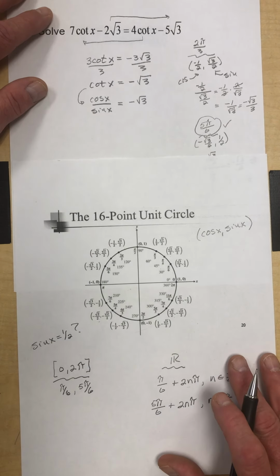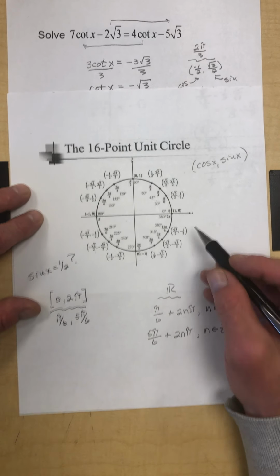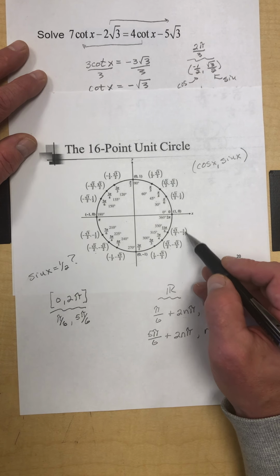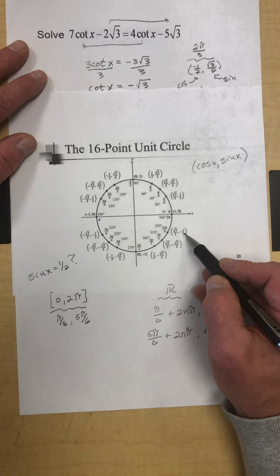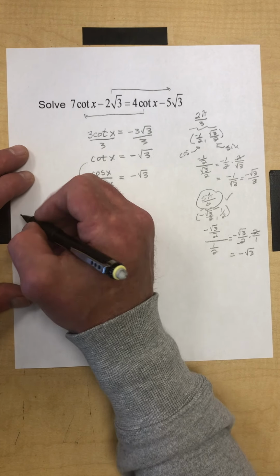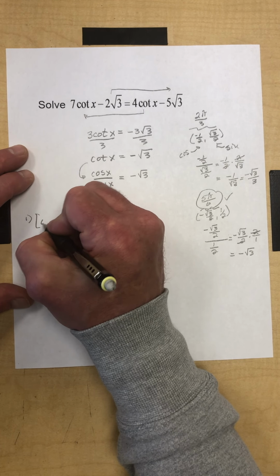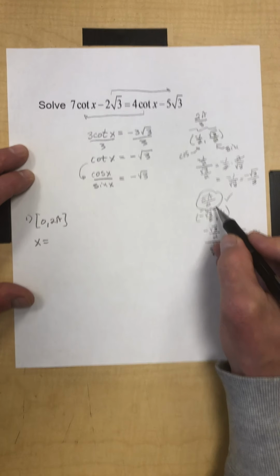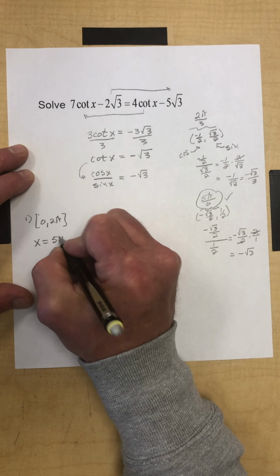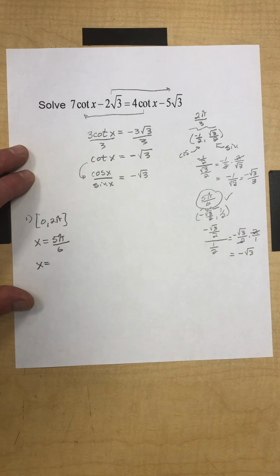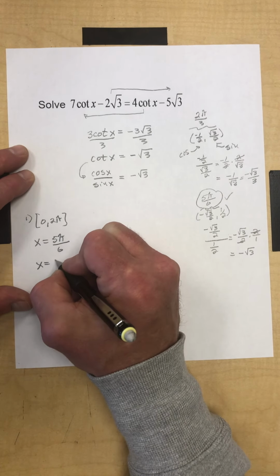So let's see, where else will that happen? It'll happen right here at 11 pi over 6, because here I would have positive radical 3 over 2 and -1/2, but I get the x coordinate over the y coordinate, and again, it will give me negative radical 3. Okay, so from 0 to 2 pi, we know x could be 5 pi over 6 and 11 pi over 6.